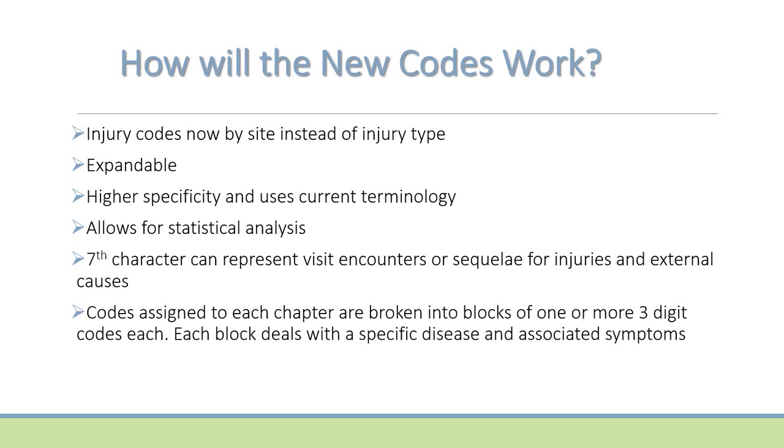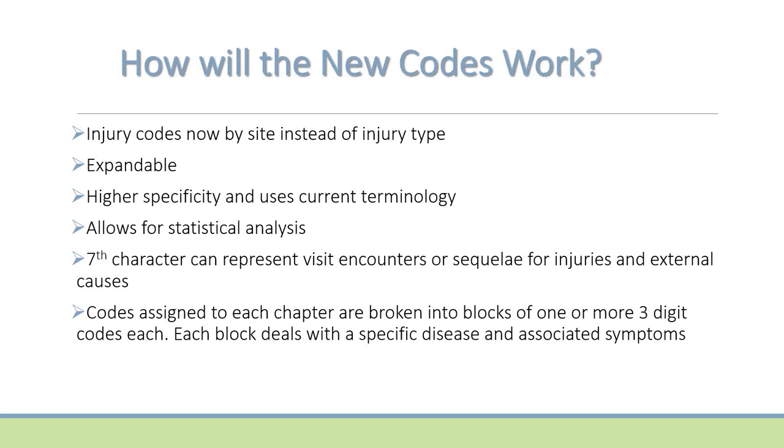The seventh character is very important on any traumatic diagnosis, and for us, this is going to be our 839 codes that transfer over into S codes. So right now, our 839 subluxations are traumatic subluxation codes.